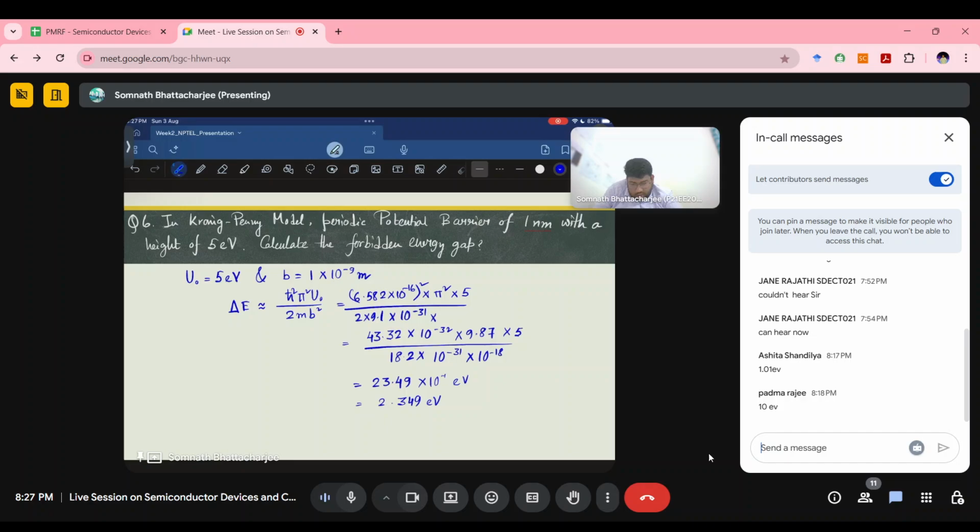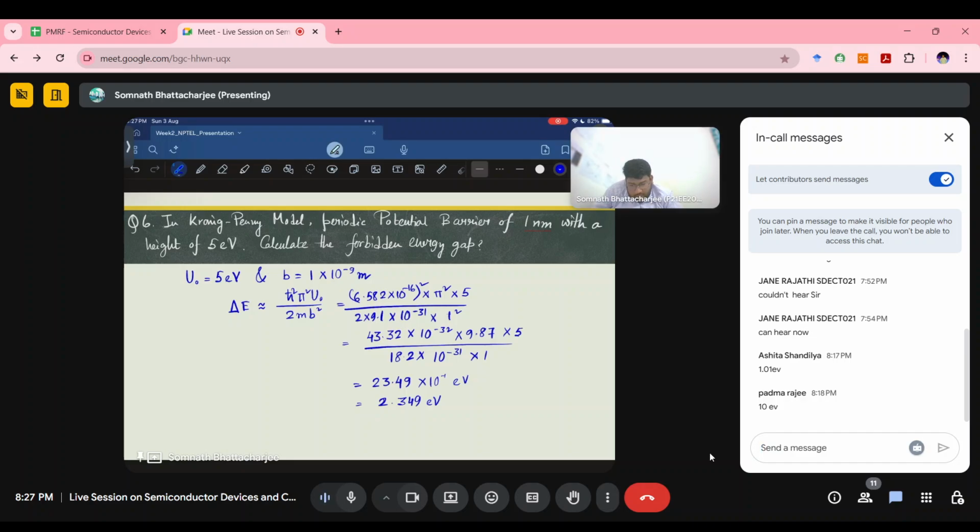So if we put this in nanometers, this would be like this, and this one would have been just multiplied by 1. So this would be the answer, 2.3449 EV.